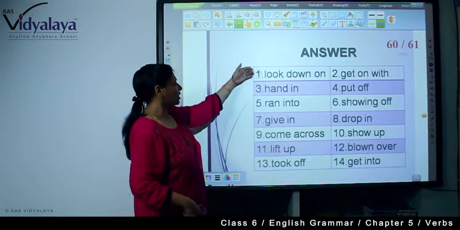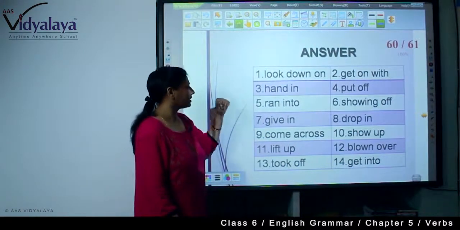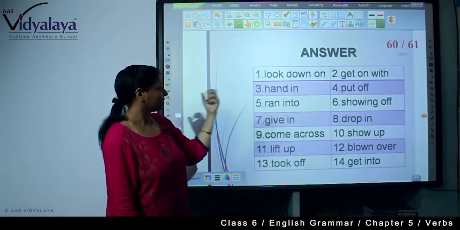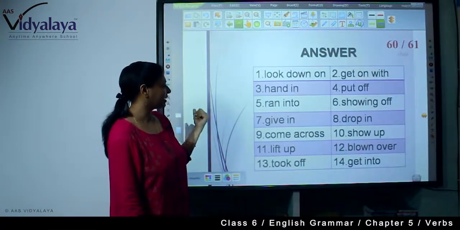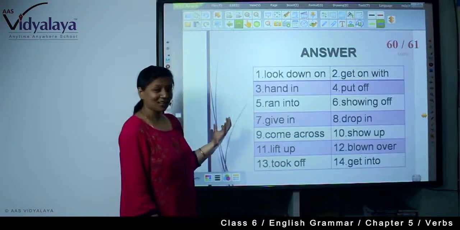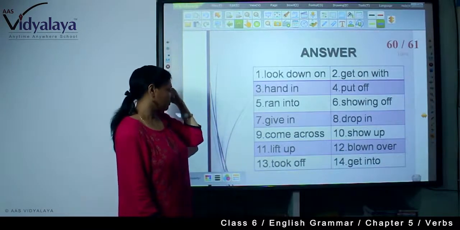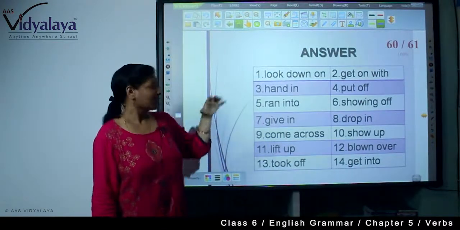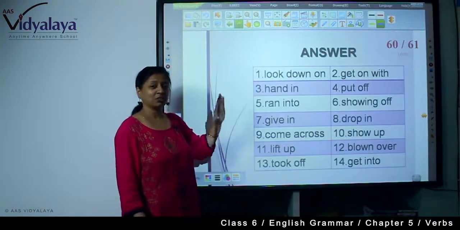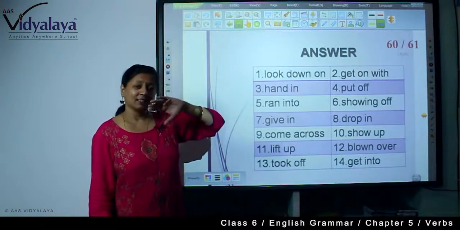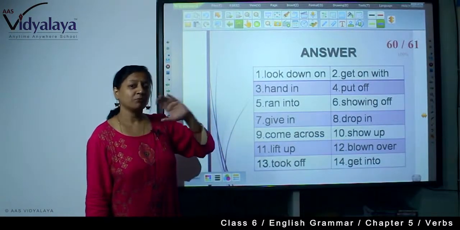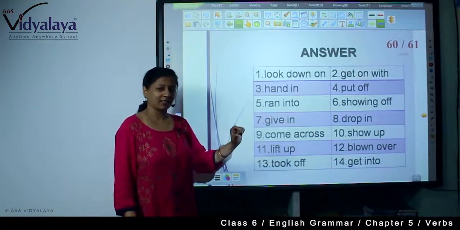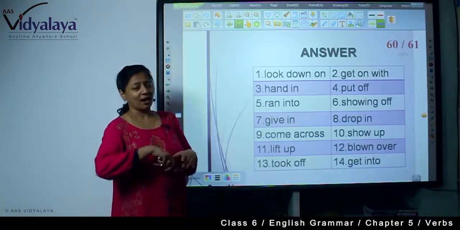The first answer is look down on, second is get on with, third is hand in, then put off, then ran into, then showing off, then give in, then drop in, then come across, then show up, then lift up, blown over, took off and get into. The answers are there, but you need to understand the phrasal verb meaning, understand the sentence, what to write there, and then you go through the answer.